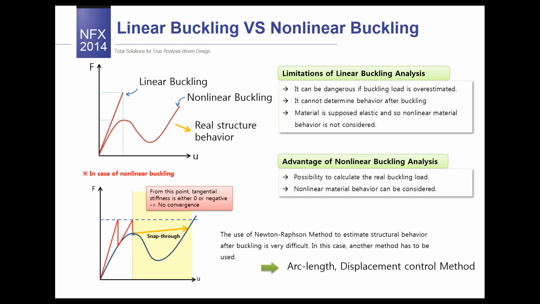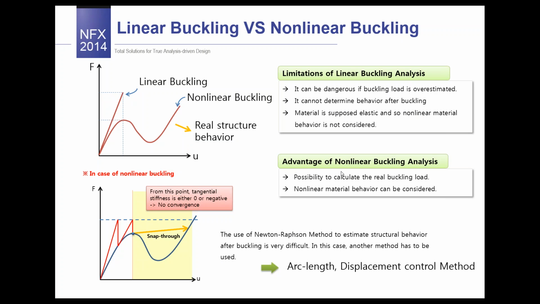So this linear buckling analysis has some limitations. For example, as I said before, we are not able to calculate or simulate real structure behavior because we cannot determine behavior after buckling. Material is supposed to be elastic, so no plasticity or elastoplasticity behavior can be added, for example.